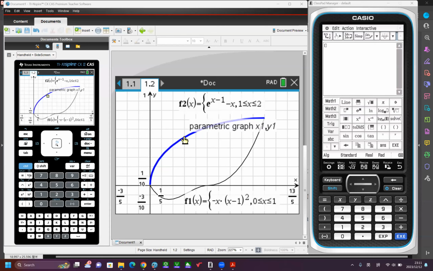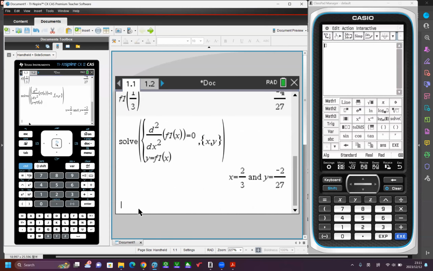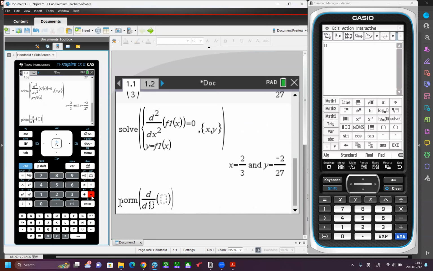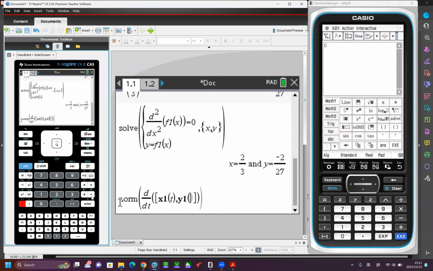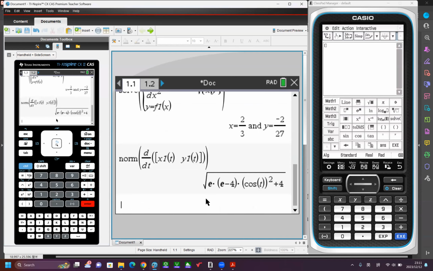Because we already have the parametric graph x1 and y1 plotted, we can say, all right, we want to find the norm of the derivative with respect to t of x1 of t, comma y1 of t. So basically, this is like some vector calculus skill. You find the velocity and then you take the norm, which is the speed. The length of the velocity is speed. So this is actually an equivalent expression to the square root expression for the integrand.